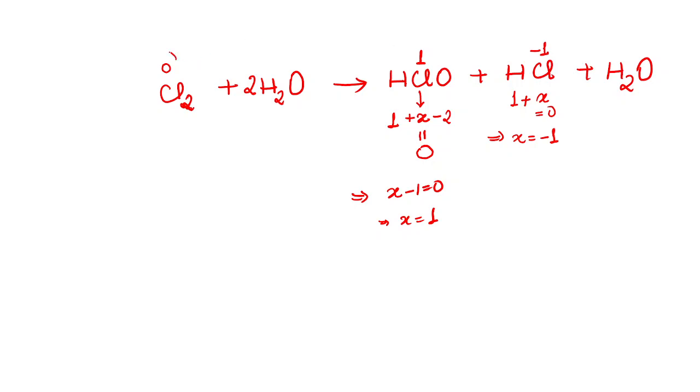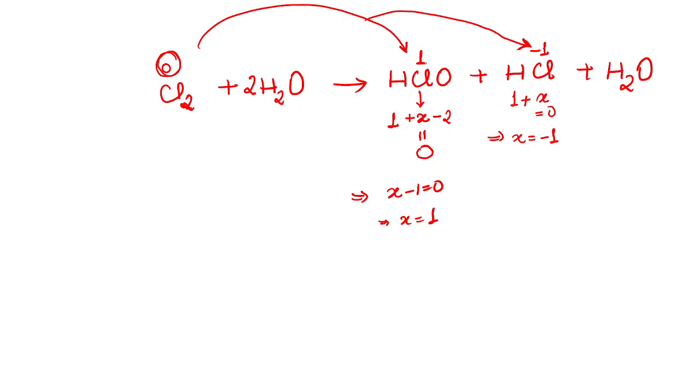So in the reactant phase, your oxidation state was 0, but now in the product phase, you see you have chlorine present in two places which have different oxidation states. So here the oxidation states have changed by two different values. At one place it is oxidized, and at one place it is reduced.